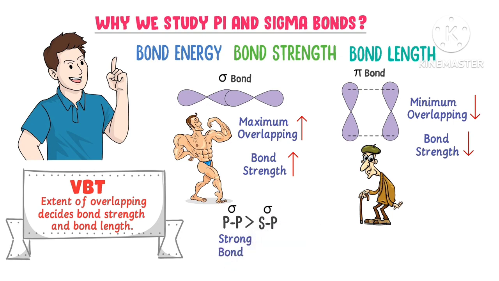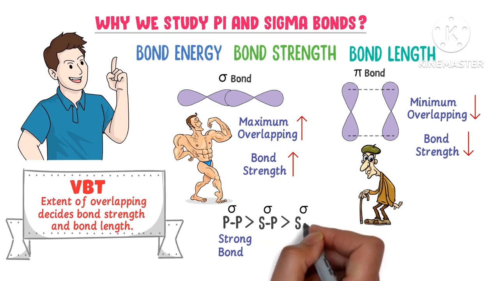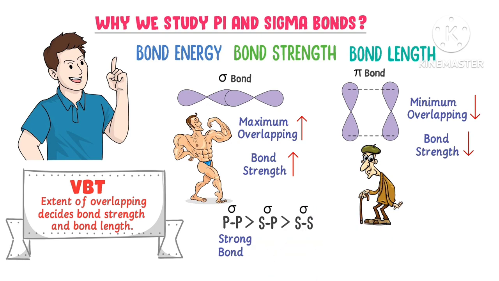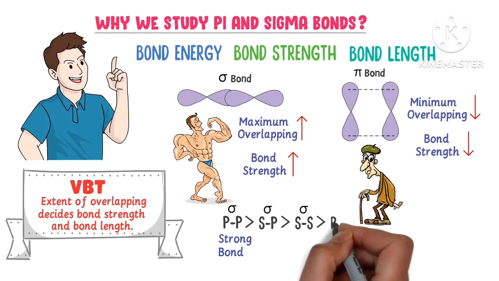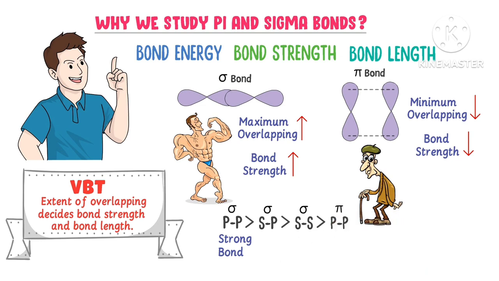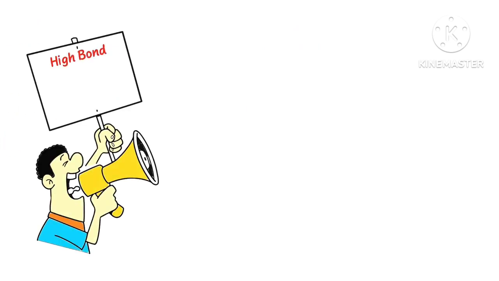Secondly, the sigma bond of sp orbital also has greater bond energy but lesser than pp overlapping. Thirdly, the sigma bond of ss orbital has lesser bond energy than sp overlapping. And finally, the pi bond of pp orbital has smallest bond energy because the extent of overlapping between them is smaller. Now remember that the higher the bond energy or the bond strength, the smaller will be the bond length.